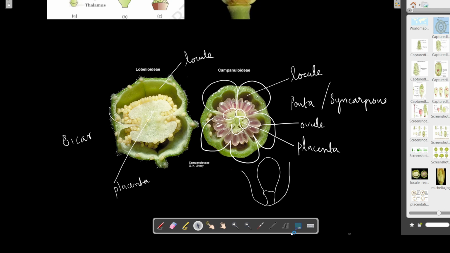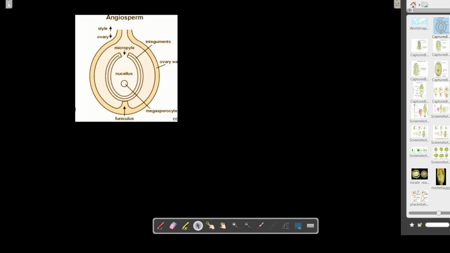Let's see the structure of the megasporangium and how it develops. This is the structure of a typical ovule of an angiosperm. Here you can see the ovary clearly marked. This is the ovary wall, and here comes the placenta, and this placenta is attached to the ovule, that is the megasporangia, with the help of a stalk, and that stalk is called funicle or funiculus.